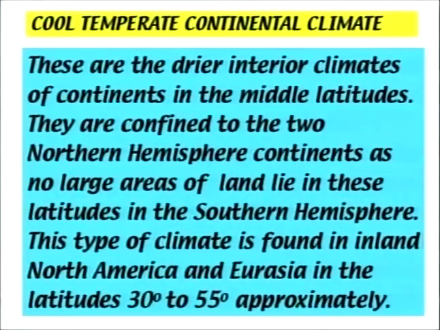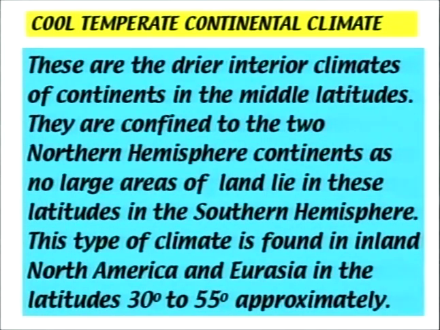Now looking at the cool temperate continental climate. These are the drier interior climates of continents in the middle latitudes. An interesting and important point about this climate is that it is confined mainly to the two northern hemisphere continents, North America and Eurasia. Why?